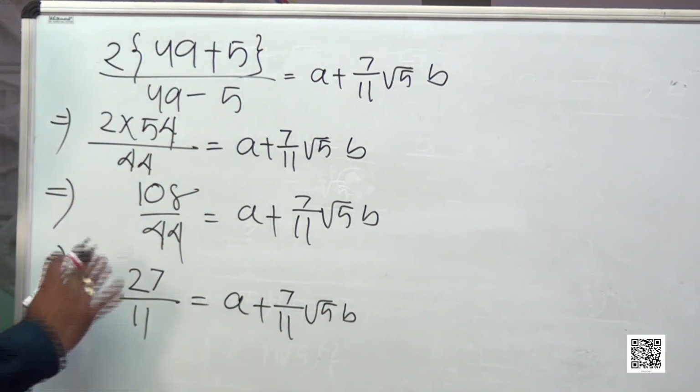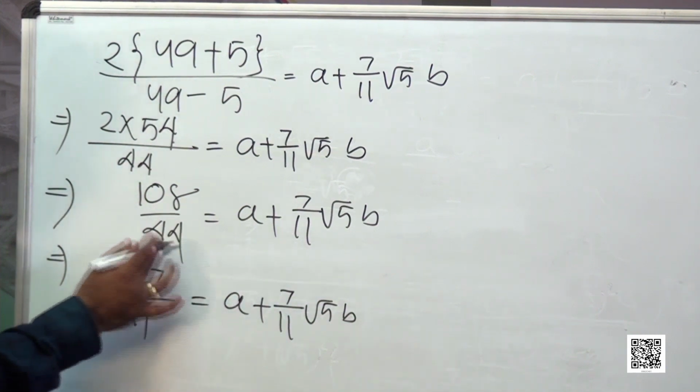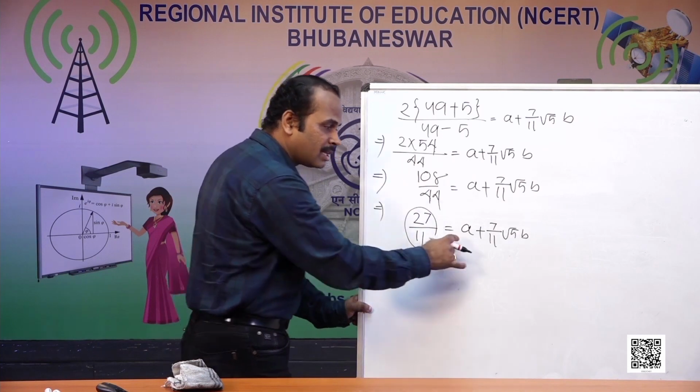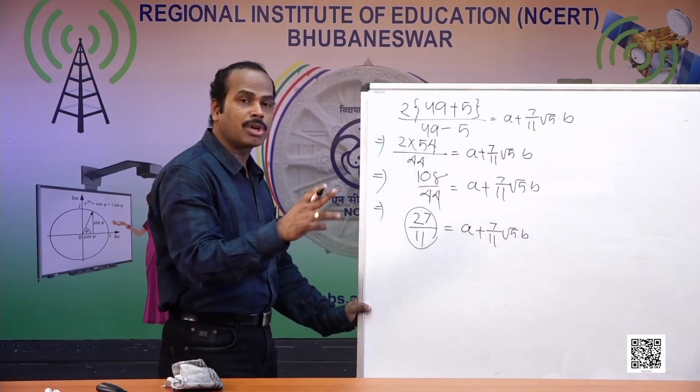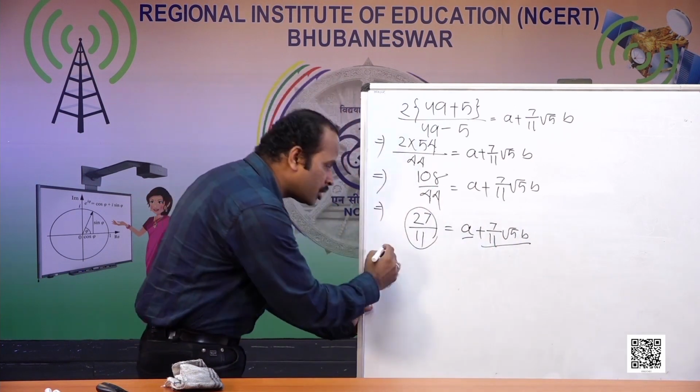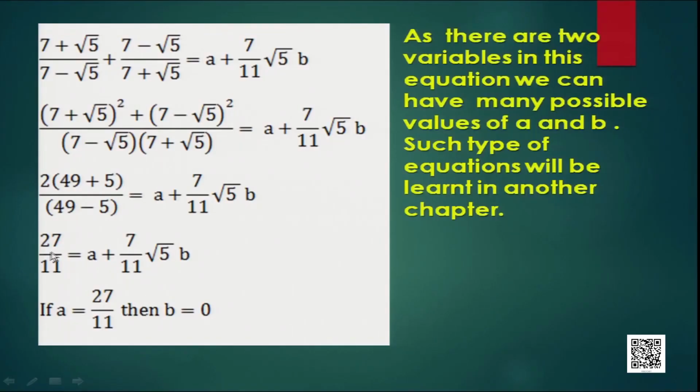Now I can find in this expression, the left hand side has only a rational term, and the right hand side has two terms, one rational, other irrational. So equalizing both sides, 27 by 11 equal to a plus 7 by 11 root 5 b. Here a equals 27 by 11, and if you equalize the irrational part of both sides, you will find there is no irrational part on the left hand side, so b equals 0.